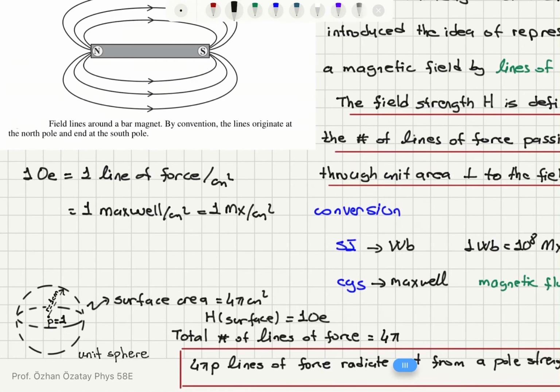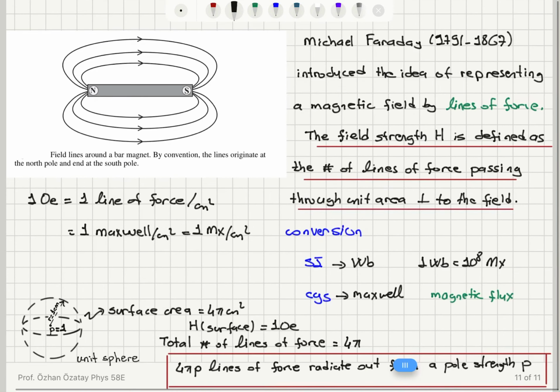Therefore, the total number of lines of force is 4 pi. So it is 4 pi centimeters squared times 1 Ørsted, 1 line of force per centimeter square. Centimeters squared will cancel. You will get 4 pi lines of force. If instead you put a pole strength P, you would have 4 pi P lines of force radiating out from this pole.